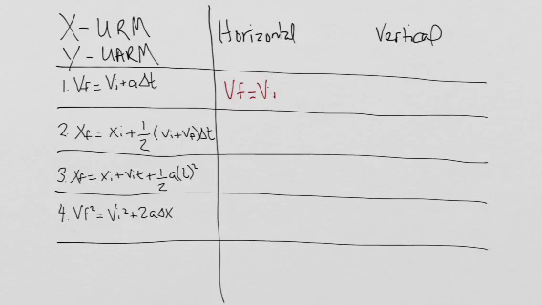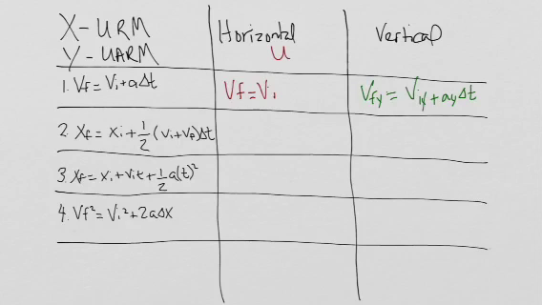Now, I want you to think about this: what happens in the Y? How would this equation be written in the Y? Here's where it's going to become super important to include your X and your Y subscripts when you're carrying out these equations, because your V in the Y is going to be different than your V in the X. We have to remember here that horizontal motion is URM, whereas vertical motion is UARM.